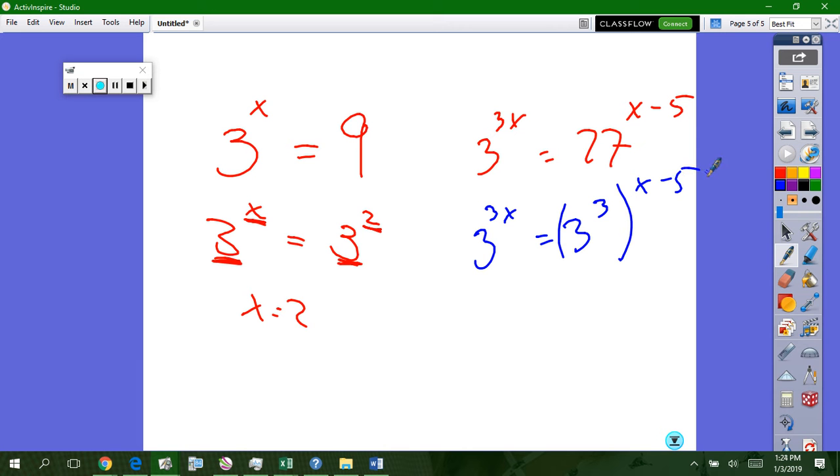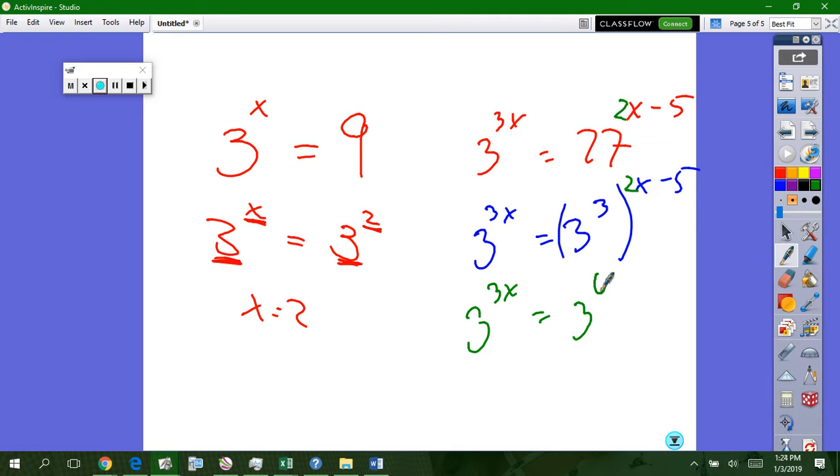Now what do we do on power to a power? We multiply, don't we? 3 to the 3x equals, oh, we make that a 3 times x minus 5, so 3 to the 3x minus 15. Sorry, because if not, it would never equal each other.